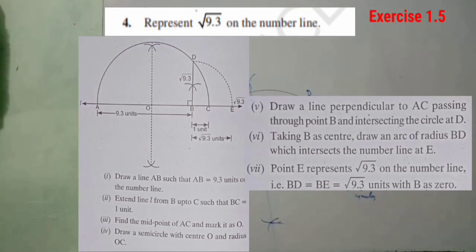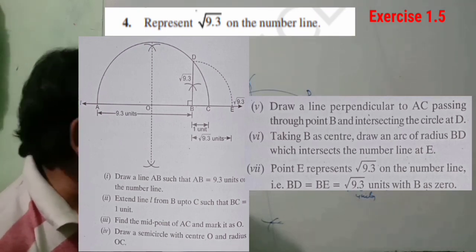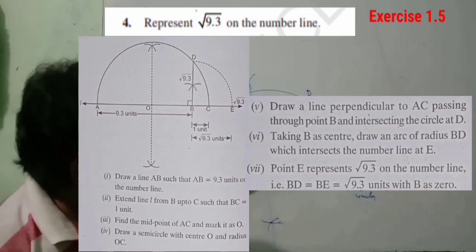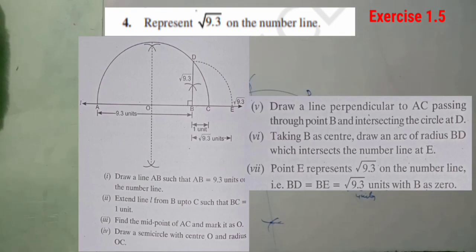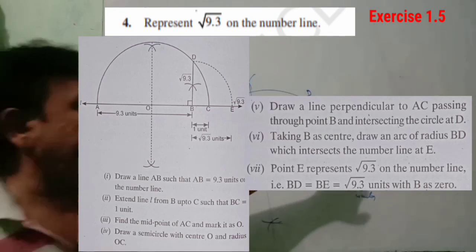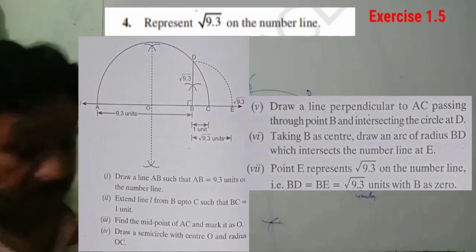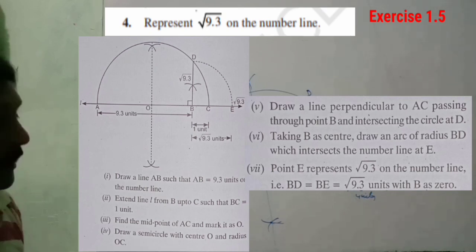In the next point, we have to draw a line perpendicular to AC passing through point B. We have to make one line perpendicular to AC from B and intersecting this semicircle at the point D. So, after that, taking B as center, draw an arc of radius BD which intersects the number line at point E. I just told you, taking BD as length, you have to put one arc. And now point E represents root 9.3 on the number line.